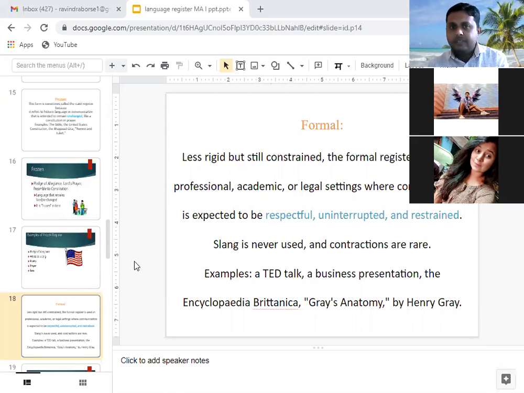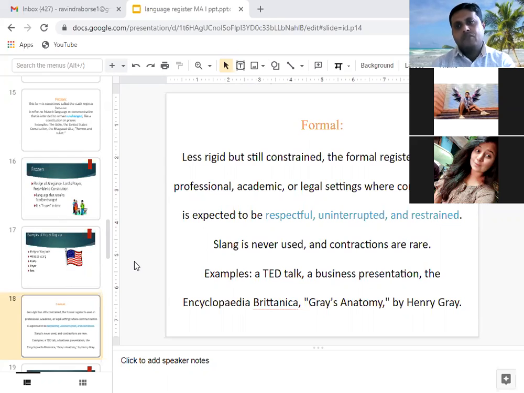We are engaging a lecture, isn't it? And I am using what kind of a register? Formal type of register, isn't it? Formal type of register is used in professional, academic, or legal settings. Professional.